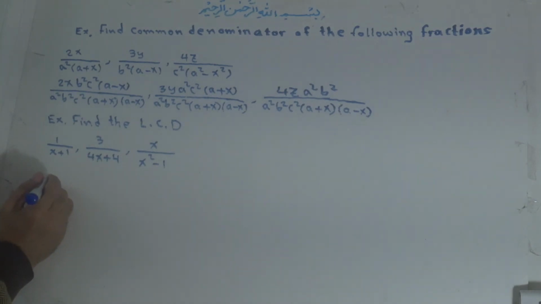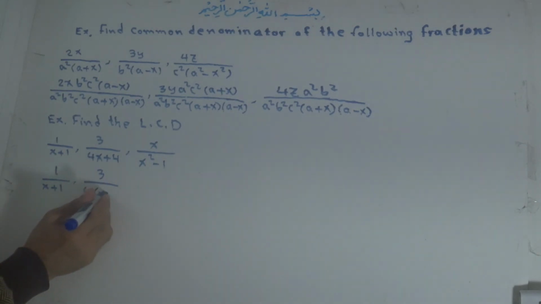We factor the denominators. x plus 1 is non-factorable, so 1 over x plus 1. For the second one, 4 is a common factor: 4 times x plus 1.